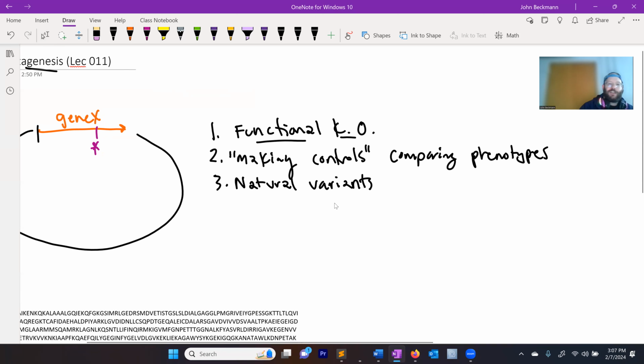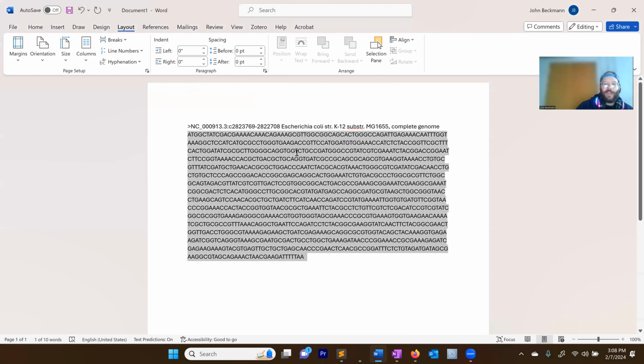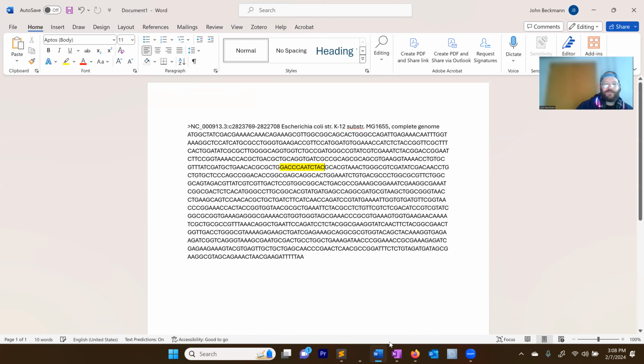Another common thing that you use this for is removing restriction sites. Okay, so if this was your gene, here's our Reke. Imagine you had kind of like a nasty internal restriction site.